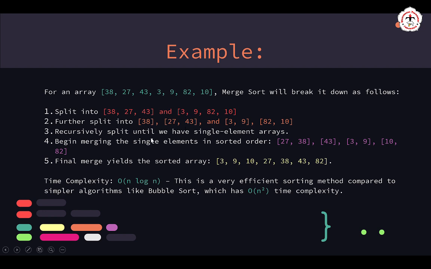Recursively split until we have single element arrays. Begin merging the single elements in sorted order. After that we compare like this. The final merge yields a sorted array like this.